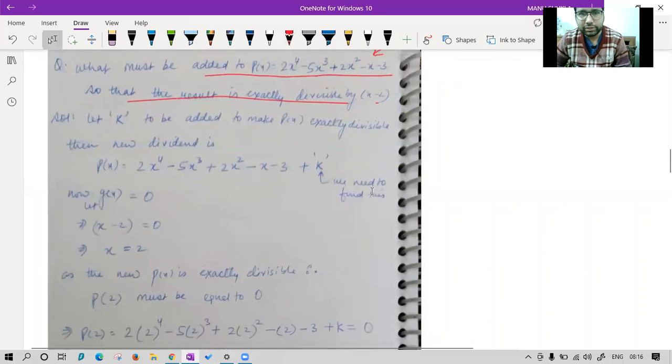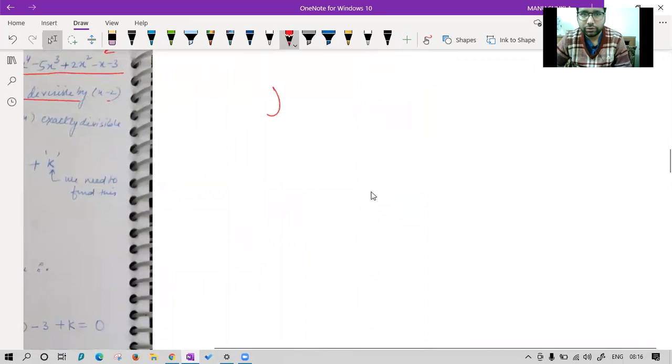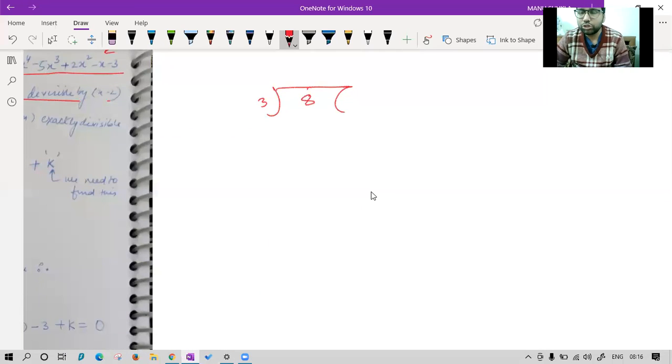So class, we have seen many such questions in normal division also. Suppose you have 3 over here and 8 over here, and they ask what should be subtracted from 8 so that it is divisible by 3. What you do is 3 to the 6, you get 2 as remainder.